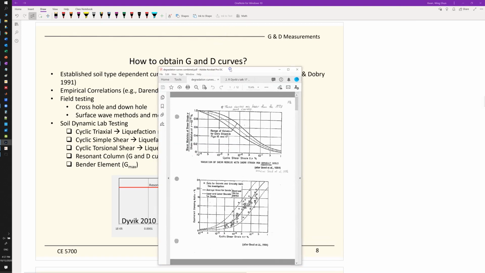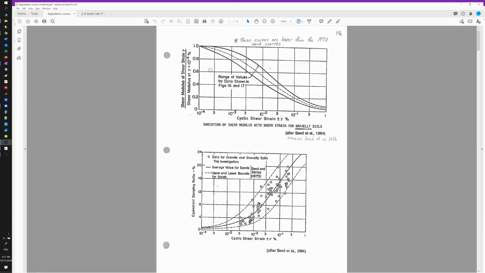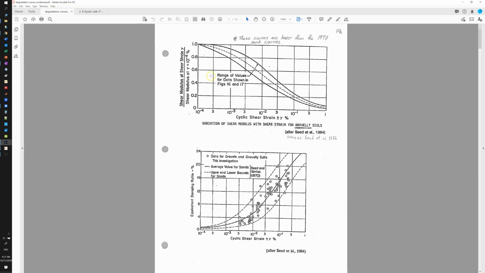So if you look for the files that say degradation curve, that is where they come from. So this is the Seed 1984, and be very careful. Those curves are very material dependent. For example, this curve is used for gravelly soils only, and this is a damping ratio curve used for gravels.